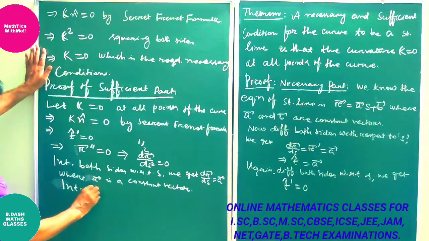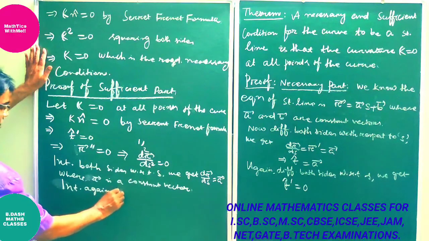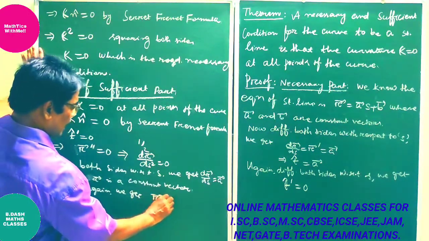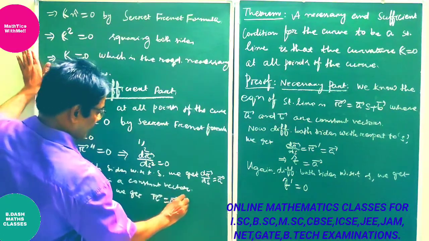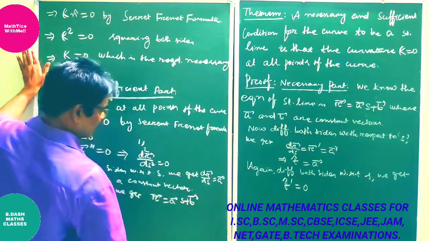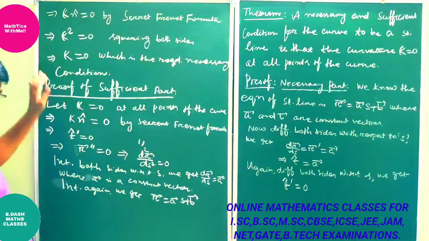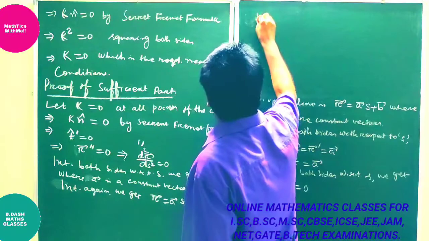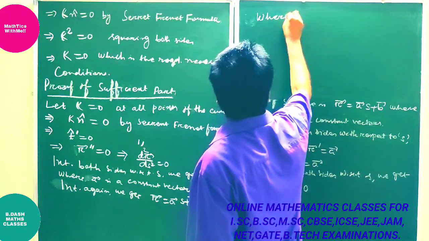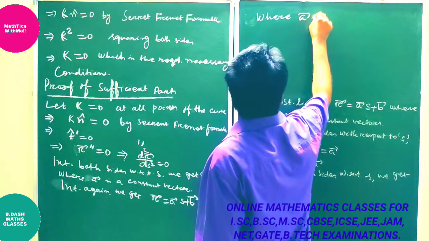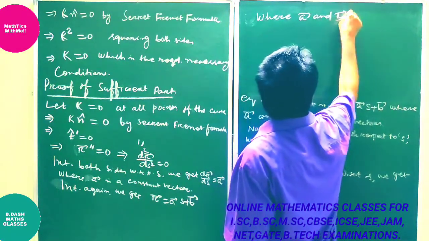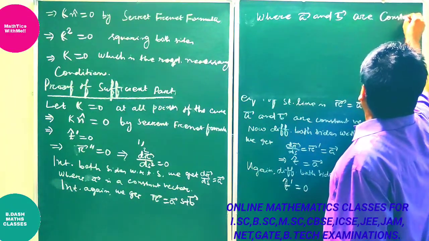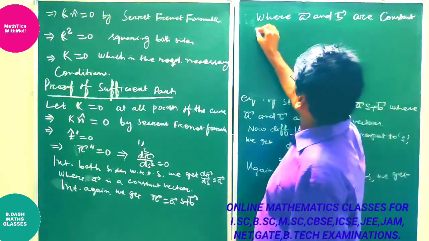Integrating again, we get vector r is equal to vector a s plus vector b, where a and b are constant vectors.